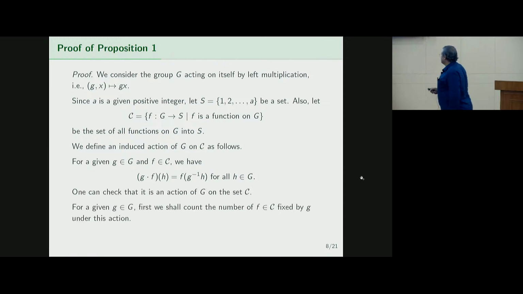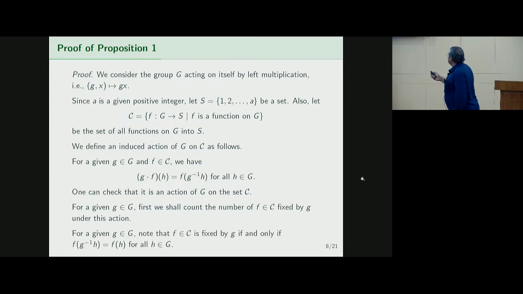So for a given g, first we shall count, because our interest is Ng, the number of fixed points of g. So we shall count the number of functions which are fixed by g under this action.